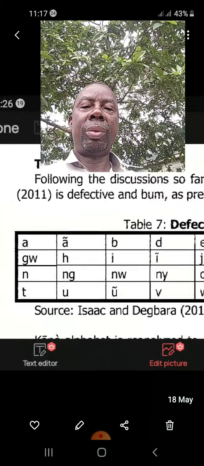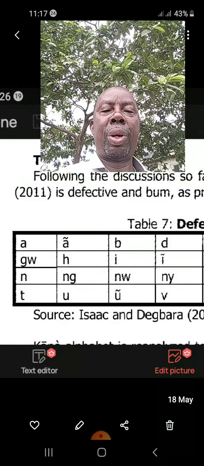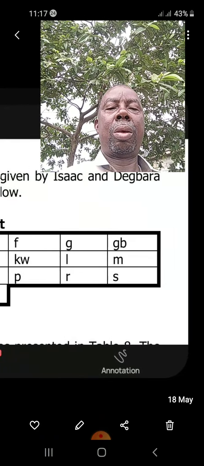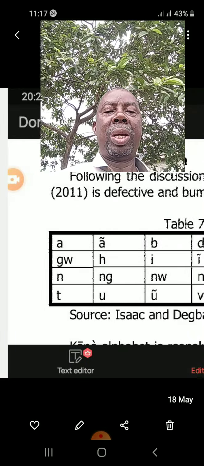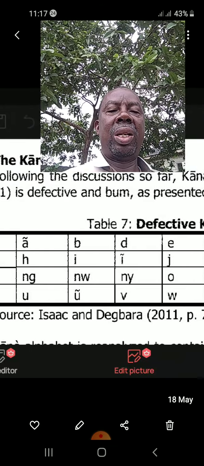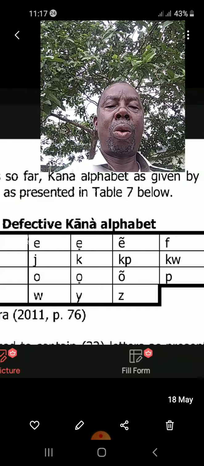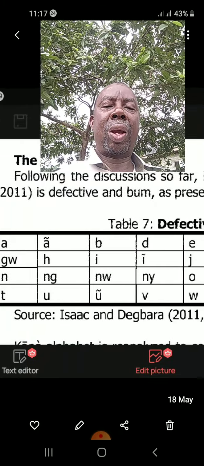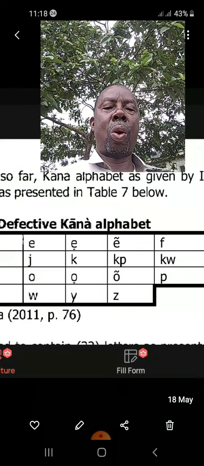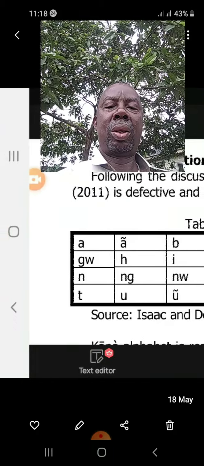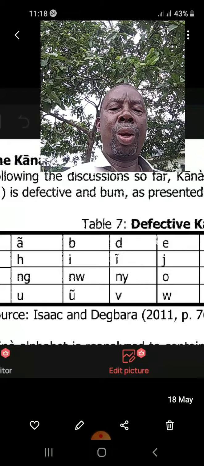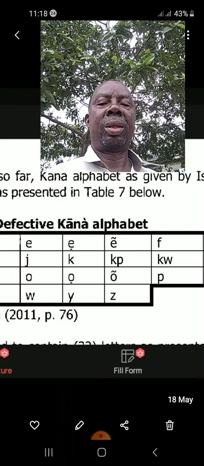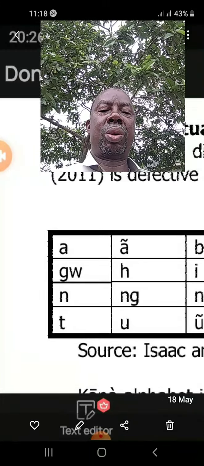Here they are: A, B, D, E, N, F, G, B, H, I, N, Y, K, O, W, L, M, N, Y, O, P, R, C, T, U, N, W, Y, and Z. These are the letters that were presented to us.